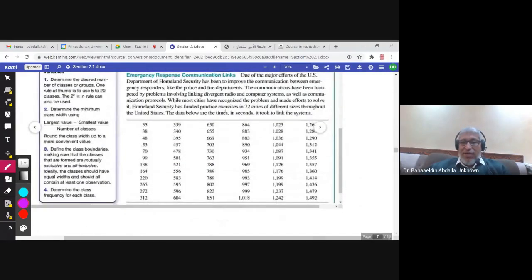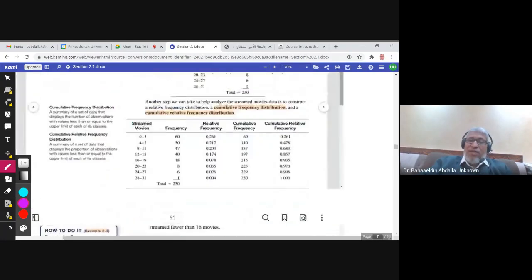We have 72 cities of different sizes throughout the US. So these are 72 numbers. You cannot put each number as a category, or you will have 72 numbers in a table. This is not good. People will not be enthusiastic to see this information, or you cannot get any information from that table.